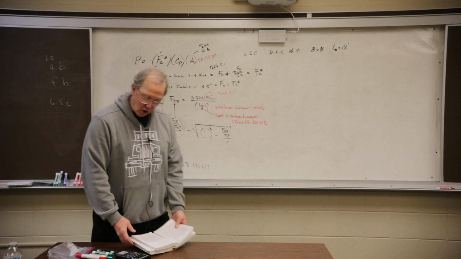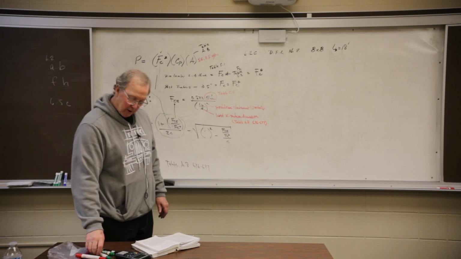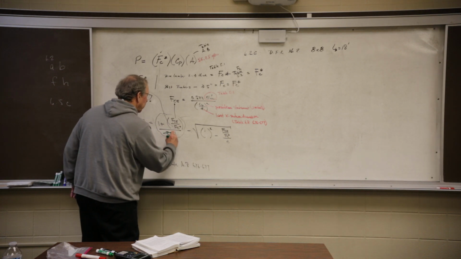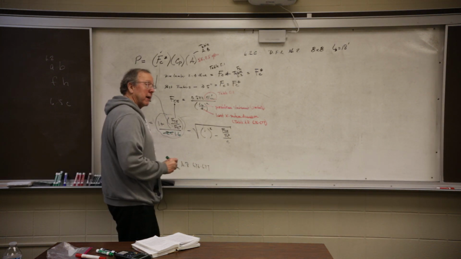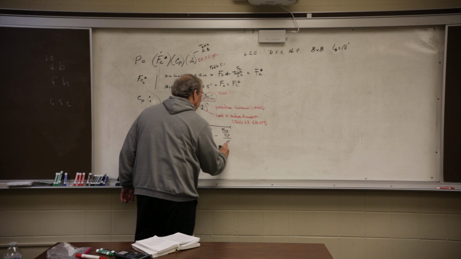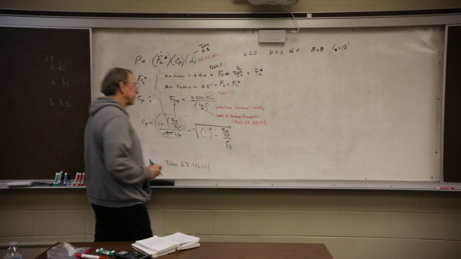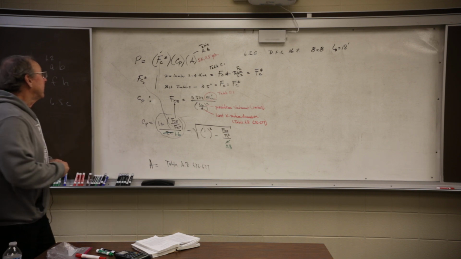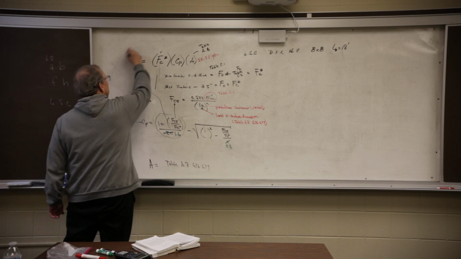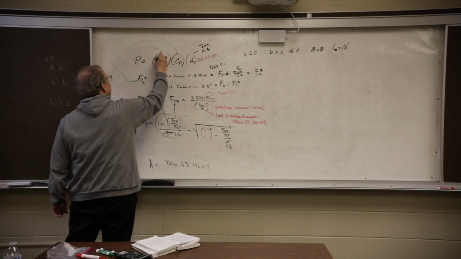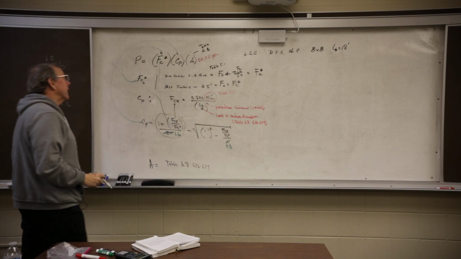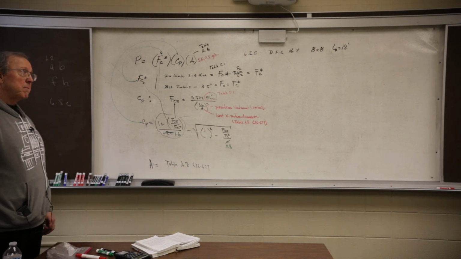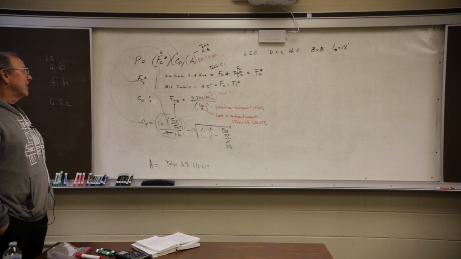We are going to use sawn lumber, so what I would do is take this, get rid of it, and put a 1.6 there, and take this and get rid of it and put a 0.8 there. So there's your formula. Once I have C sub P, of course, C sub P goes right there. F star goes right there. A is already in from the table.